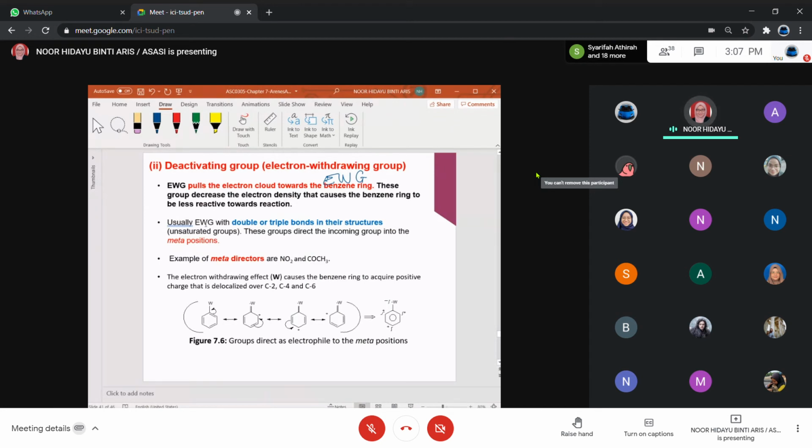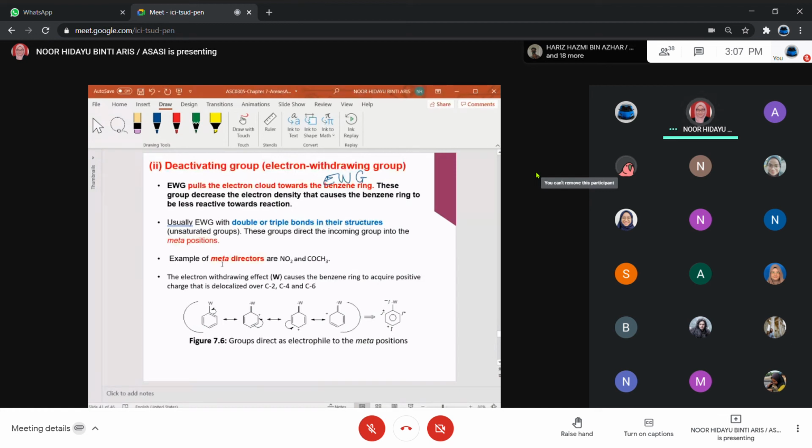Usually EWG has double or triple bonds in its structure, while EDG has only single bonds. So this group directs the incoming group into the meta position. Examples of meta directors are NO2 and COCH3.